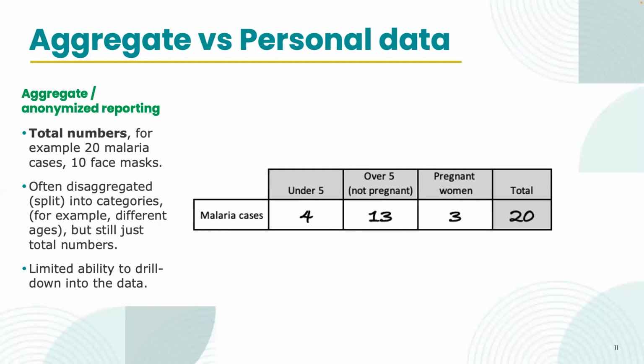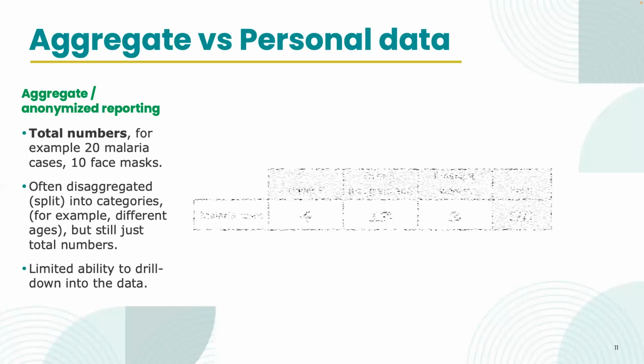So for malaria, you might have under 5s, over 5s, and pregnant women. But we're still talking about total numbers. So we know that there are 4 cases for under 5 malaria cases here, for example, but we don't know anything more about those 4 children. We can't really drill down into the data. So it's just total numbers that are collected in an aggregate system.